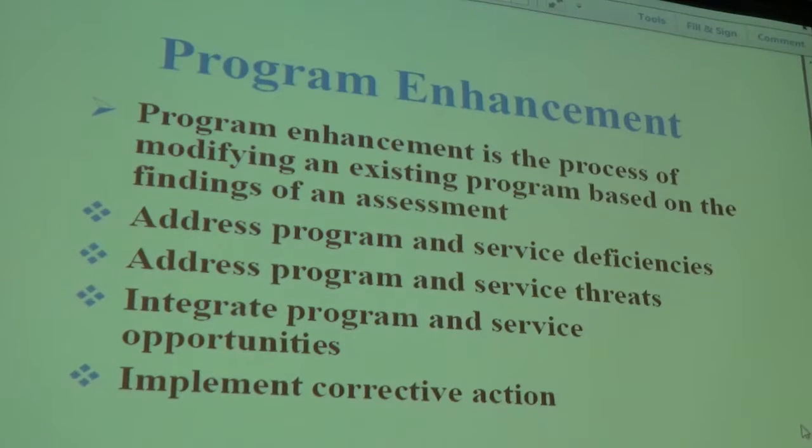So, is there a negative return on human capital? Are assets being utilized so that they generate revenue? If not, then there needs to be an increase in the return on assets. You look at things that can be integrated for program service opportunities.